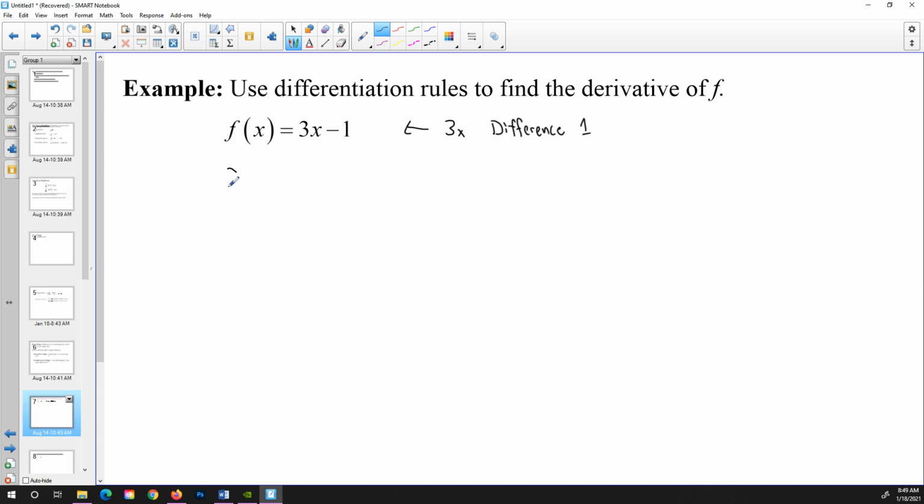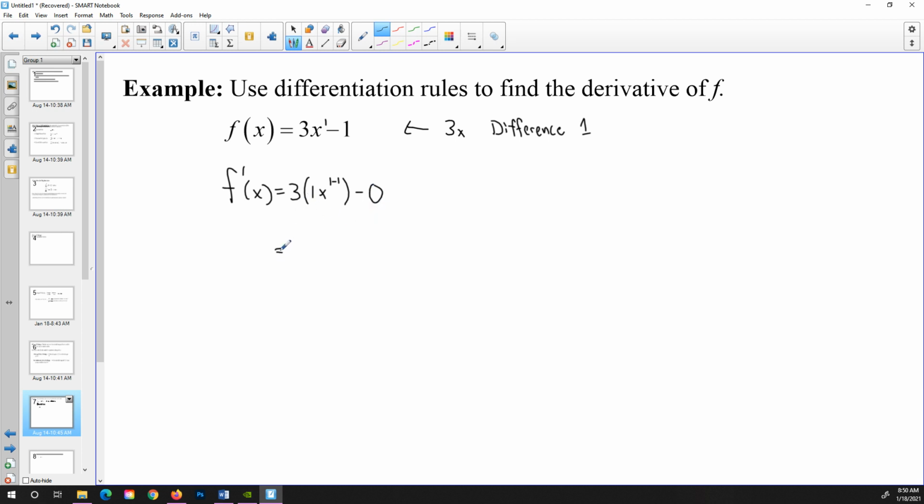And so we'll say that our first derivative of f with respect to x, the derivative of this, is going to be 3. And since this is to the first power, now we would never write a final answer x to the first power, but I'm putting it in there so we can see it. It'll be 1 times x to the 1 minus 1, and then the derivative of a constant is always going to be 0.